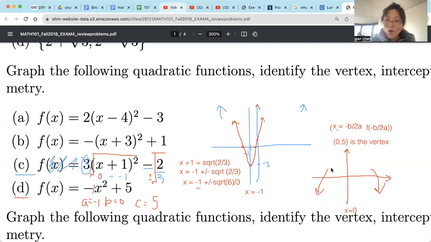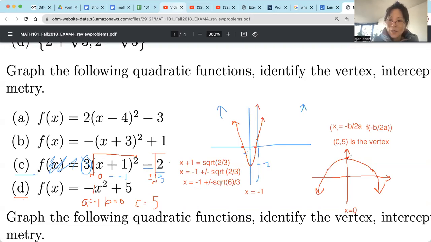So the vertex falls on this one, which is 0, 5. Let's mark 0, 5. So this is our vertex, and our graph goes something like this because it's a downward parabola.